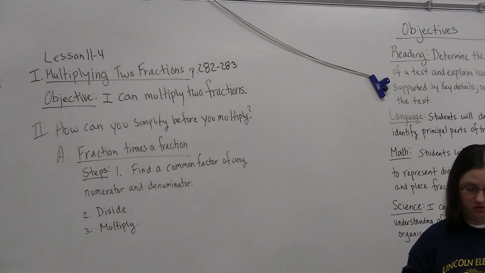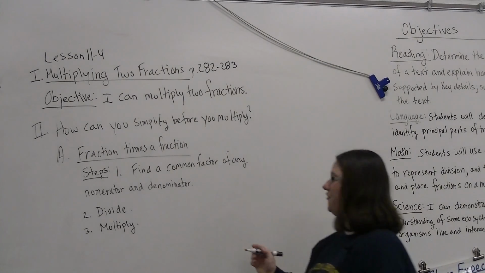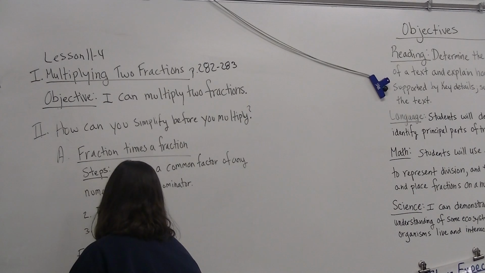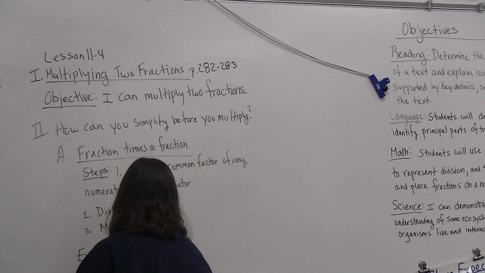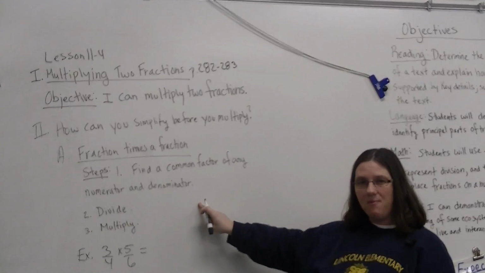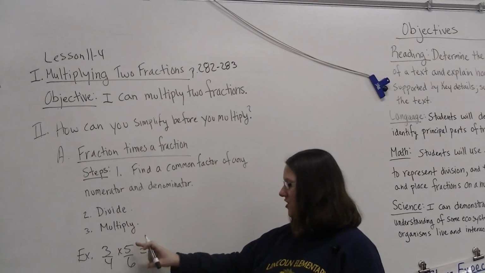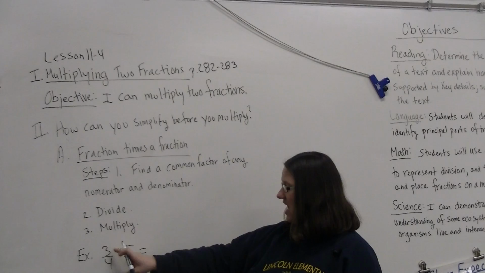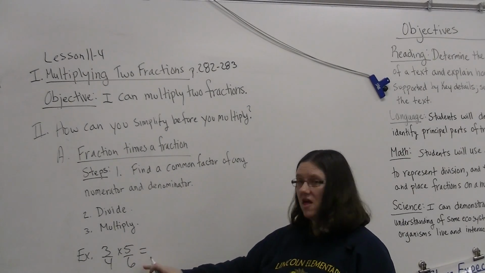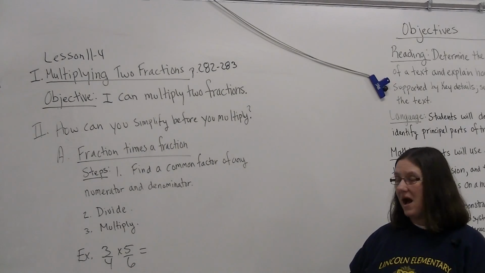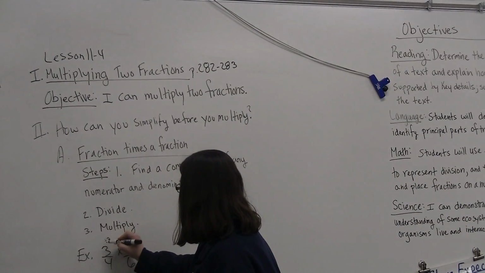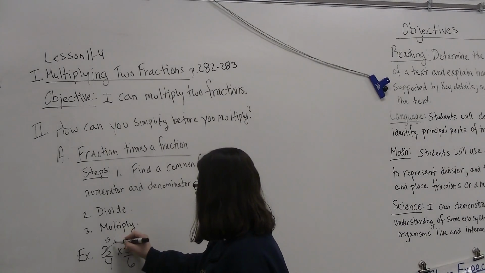So again, you're going to look at the fractions 3/4 and 5/6. So our first example is 3/4 times 5/6. And it says to find a common factor of any numerator and denominator. If you look at 3/4 and 5/6, I see that this 3 and this 6, 3 is a numerator, 6 is a denominator, they both can be divided by 3. So I'm going to do 3 divided by 3 here, cross that out and make it a 1.